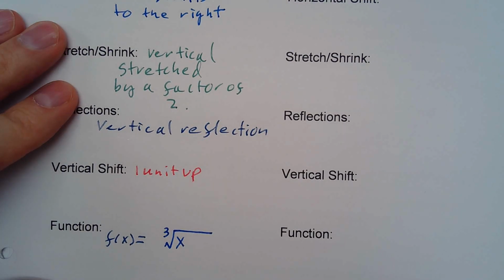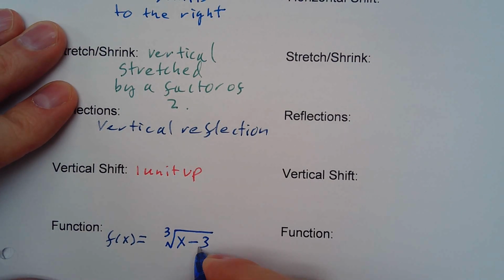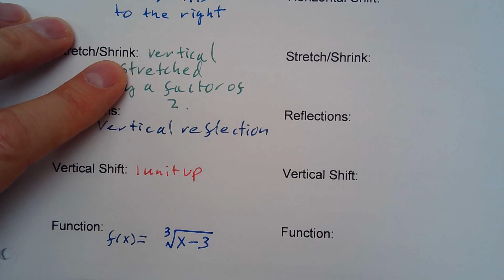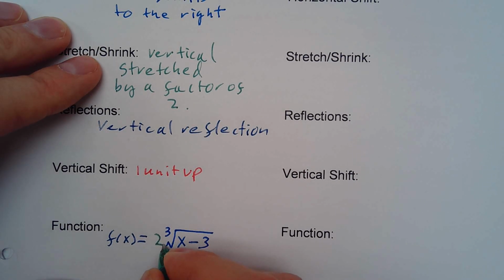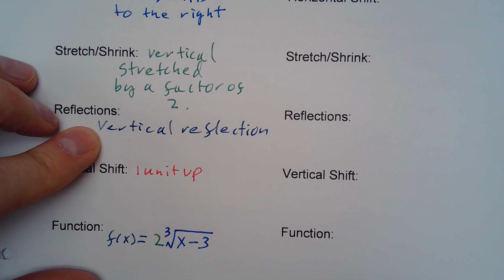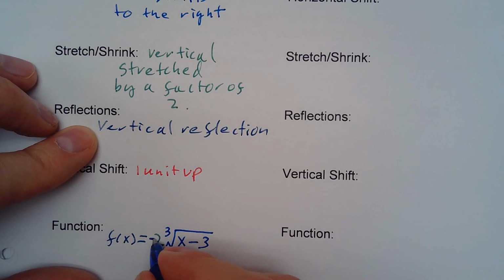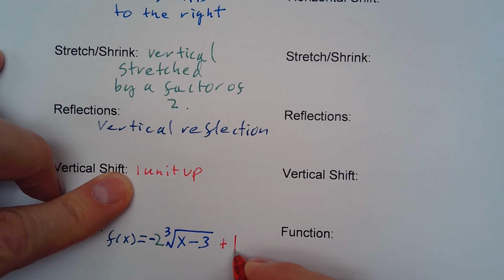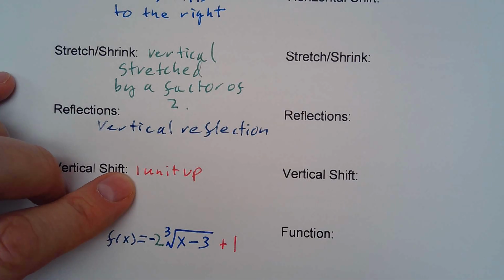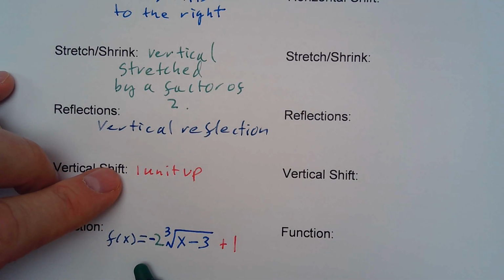So I need to put that in as a minus 3. I have a vertical stretch of 2. So that 2 has to go here. There is a vertical reflection. So I need to make that 2 a negative. And then it's shifted up 1. So I have to put a plus 1 out here. And that's how I come up with my function.